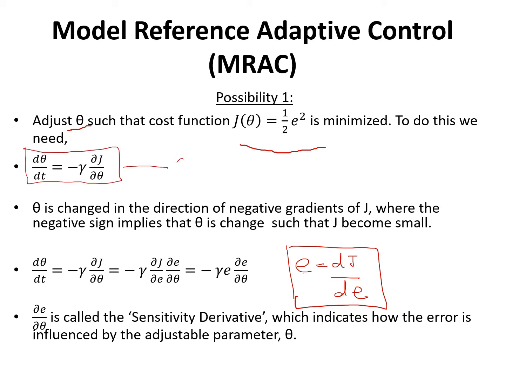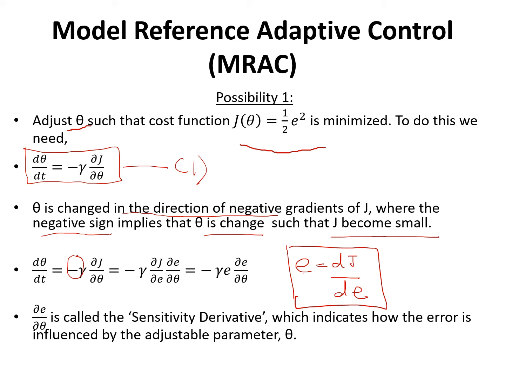So this is equation 1. Theta is changed in the direction of the negative gradient of J, where the negative sign means that theta is changed such that J becomes small.